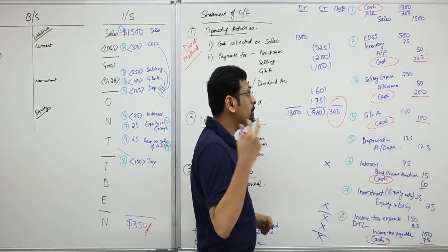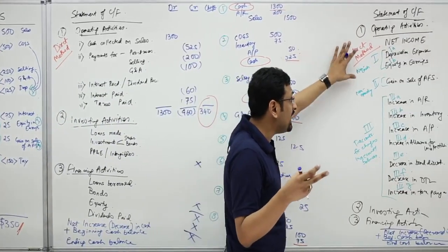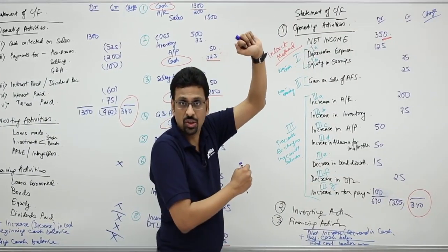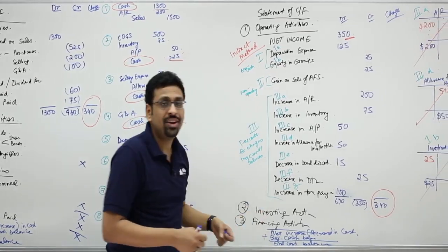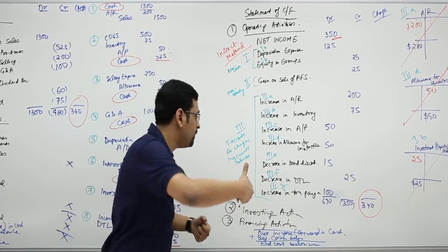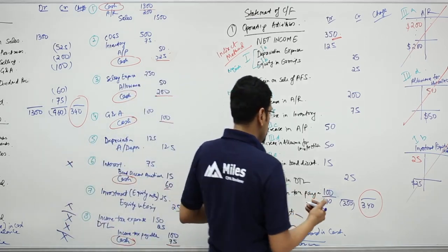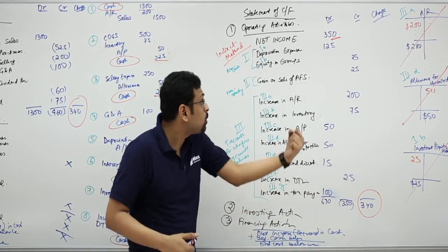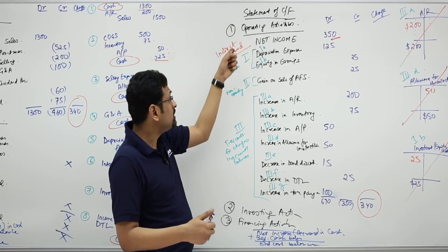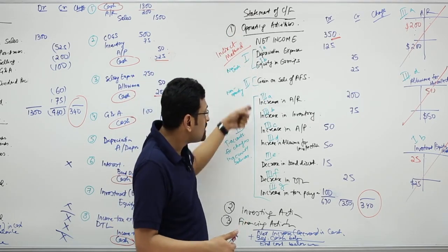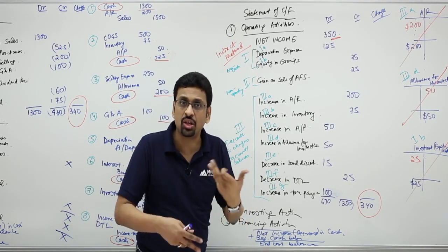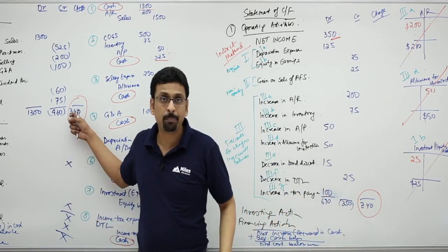Then we looked at method number 2, where we had the indirect method for the operating activity section. For investing and financing, it was the same method as we have there. So you had this one as the net cash provided from operating activities using the indirect method. Though the method was different, it was more like a reconciliation approach. The result was the same.